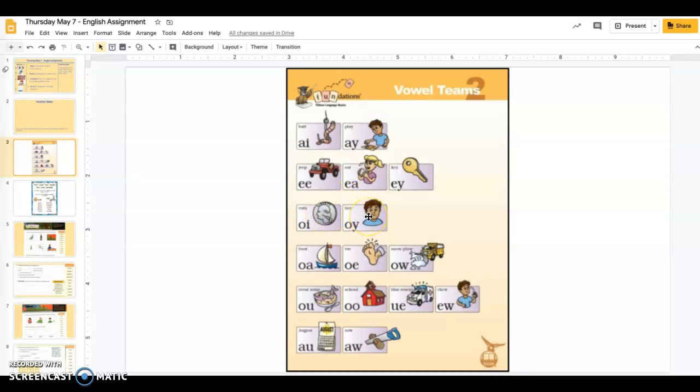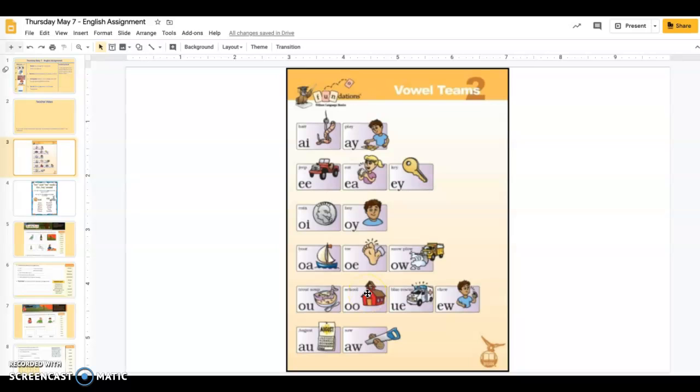OI and OY make the sound OI. OA and OE make the long O sound, O. OW is a vowel team that makes the sound OW. OU is a vowel team that can make the sound ow or oo.